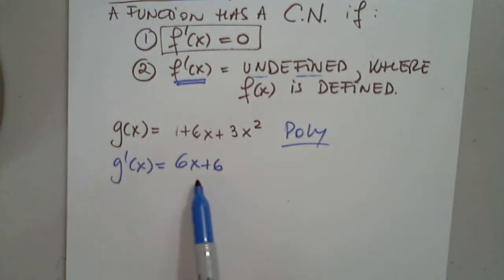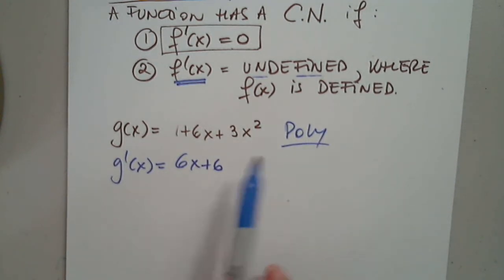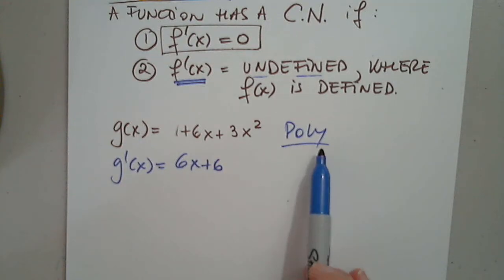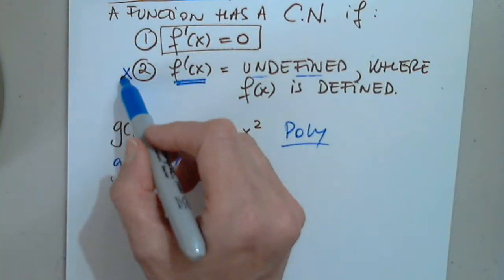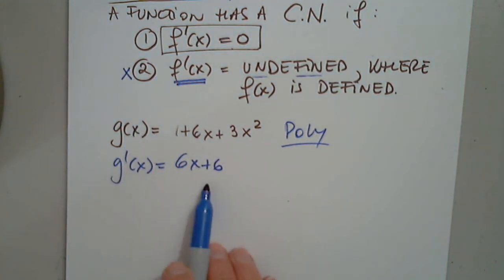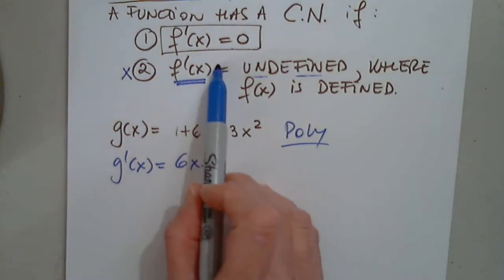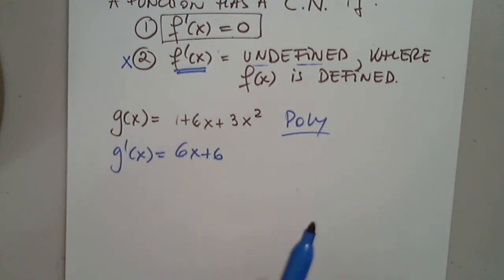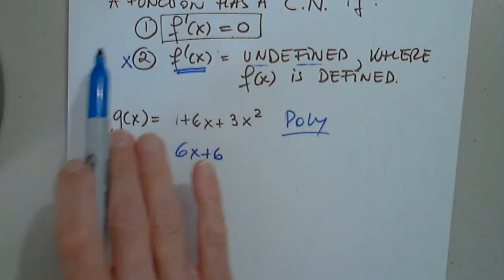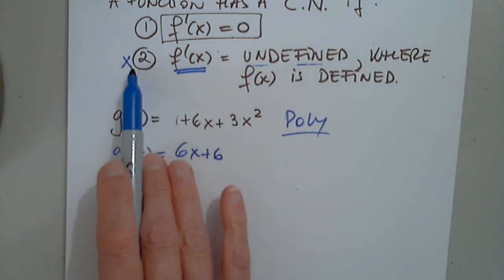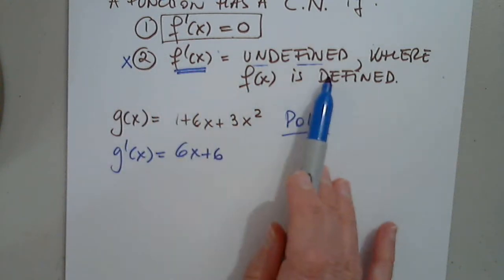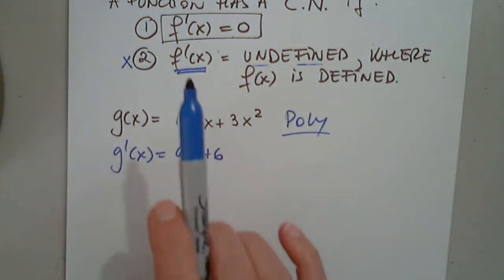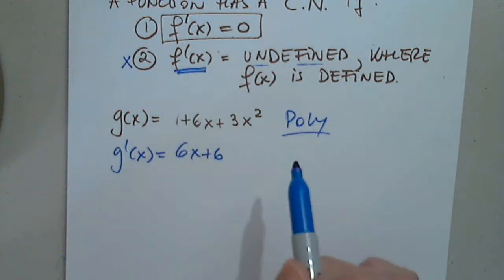No, it's not possible. A polynomial function is always defined and always continuous and always differentiable. So for this function, no critical numbers will come from f prime being undefined. I have to check both for all functions, but the second one I don't have to here, because the derivative is always defined.